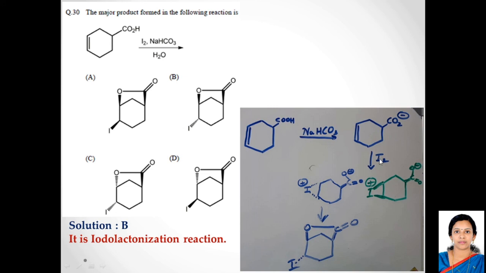But if it was here, you see it cannot attack from the front side, because the iodine is sitting there, so it has steric hindrance. But since here the iodine is facing away from us, the oxygen can now attack from the front. So option B is the correct answer here.